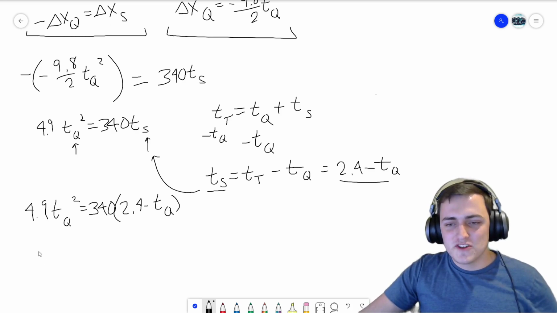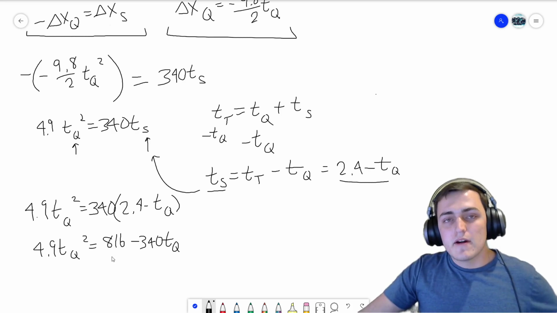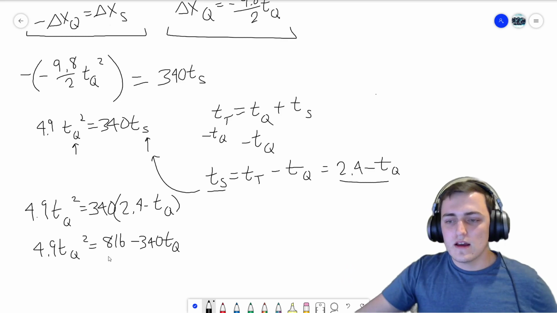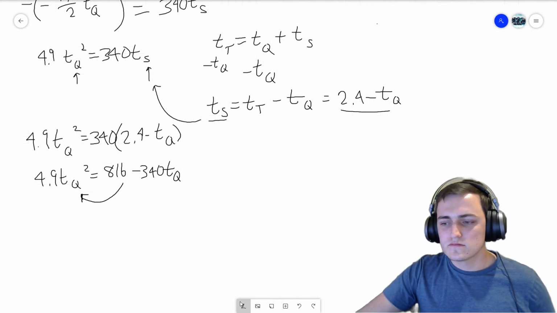Now you can see we have some algebra to do. We have 4.9 tq squared equals 340 times 2.4, which is 816, minus 340 tq. Now this is a quadratic equation, which we're going to have to solve using the quadratic formula. So what that means is all of these variables have to get onto one side of the equal sign. And so we're just going to move everything to the left.